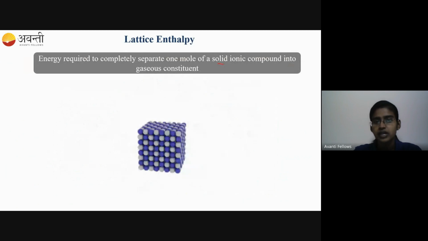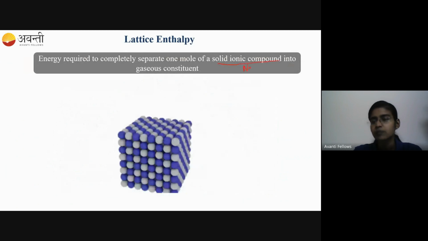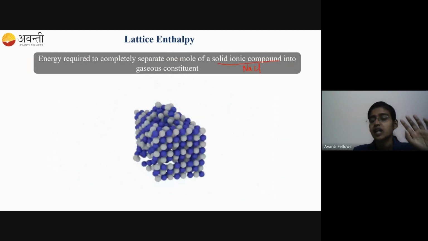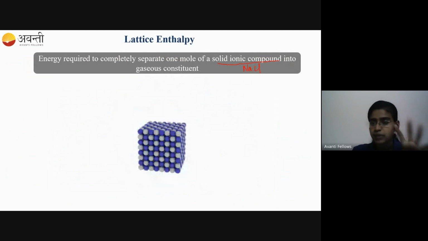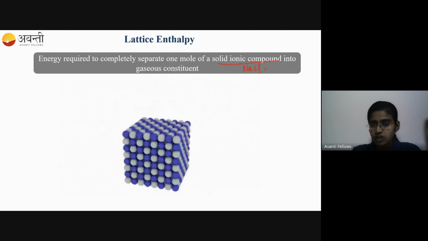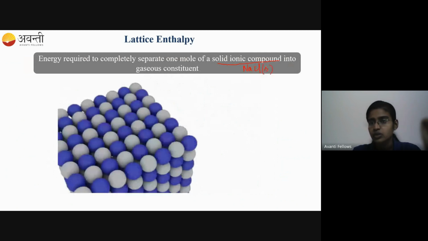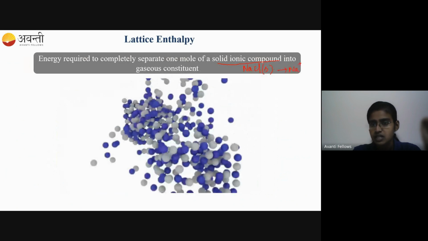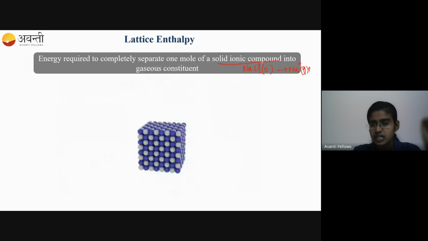So 1 mole of sodium chloride I am taking. Now the energy that I am giving to separate 1 mole of solid sodium chloride into its gaseous ions, that is Na plus ion and Cl minus ion in the gaseous form.